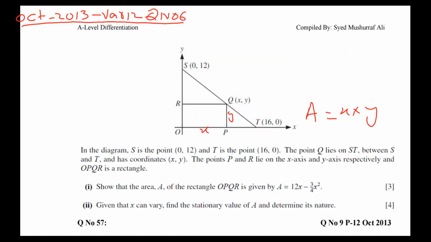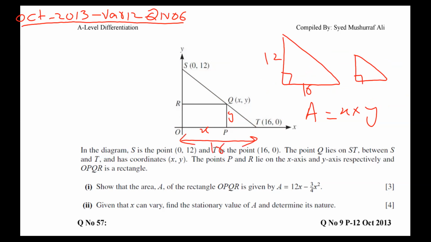So let's start. The first technique I'm going to show you is similar triangles. For example, a big triangle I can show you here. What is this gap? 12. What is this gap? 16. Now use a small triangle. So this gap is how much? The total is 16, and this part is X, so this becomes 16 minus X. Whereas this is Y for sure.